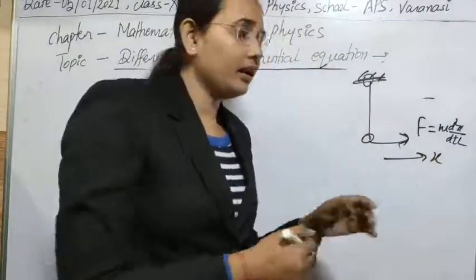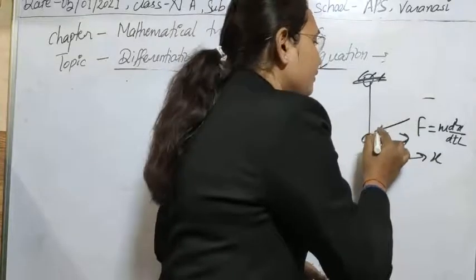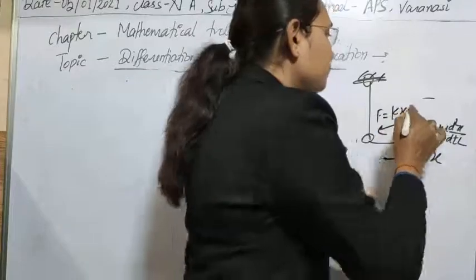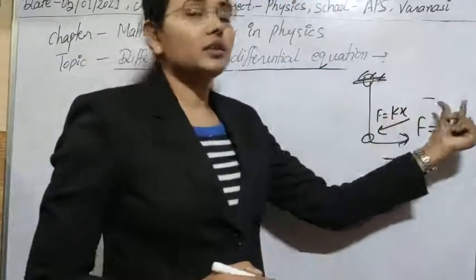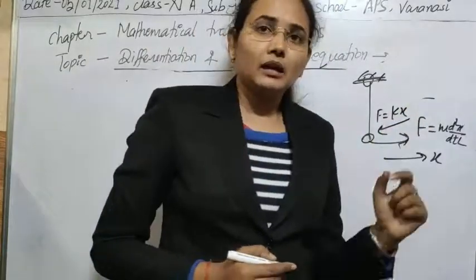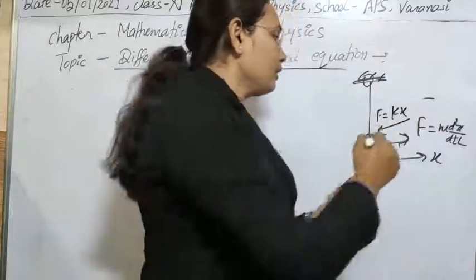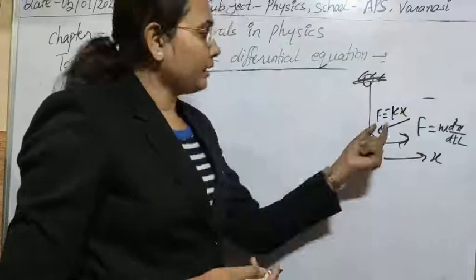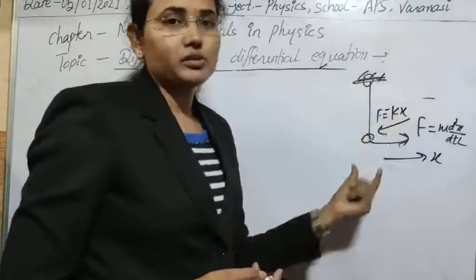Then a restoring force will be developed in the system in the opposite direction, which is directly proportional to the displacement made by the particle. Since it is in the opposite direction, we take a minus sign, and k is the spring factor or proportionality constant.